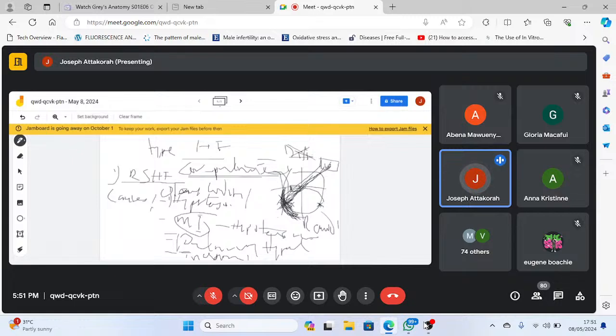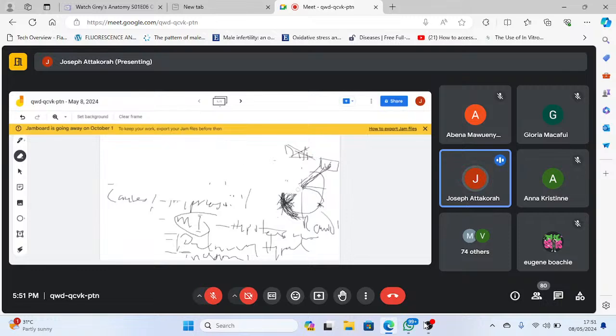So let's talk about the major clinical manifestations, such that when you get to the ward and you see a heart failure patient, you can conclude that this is either left-sided or right-sided.